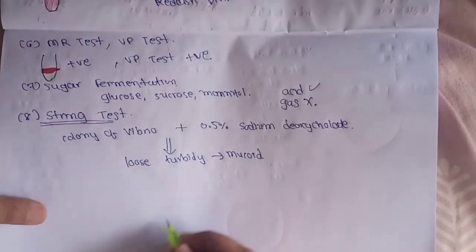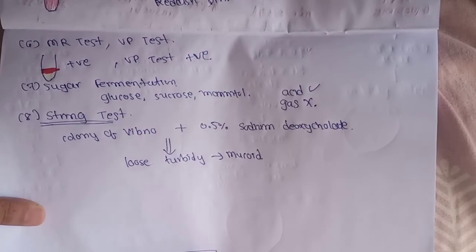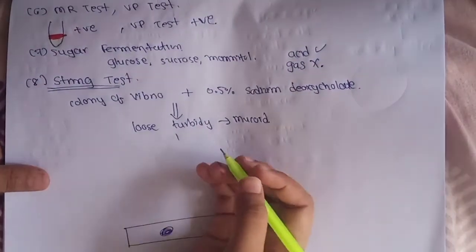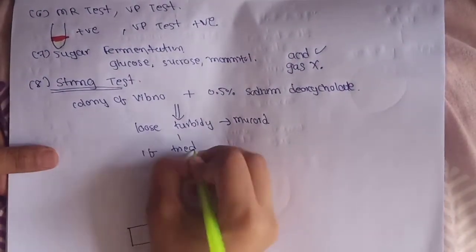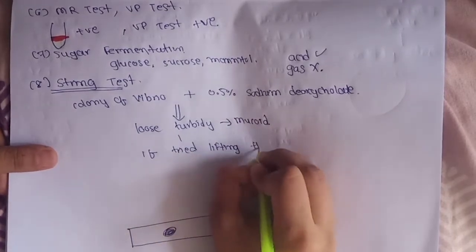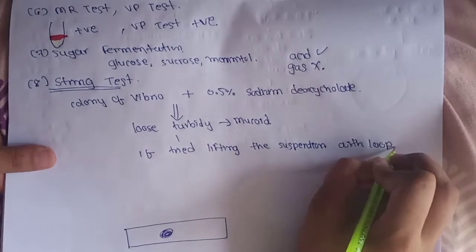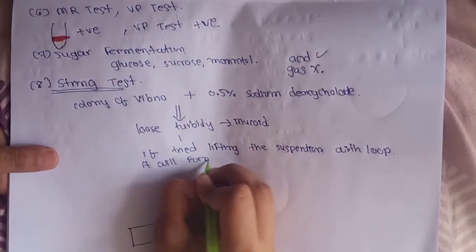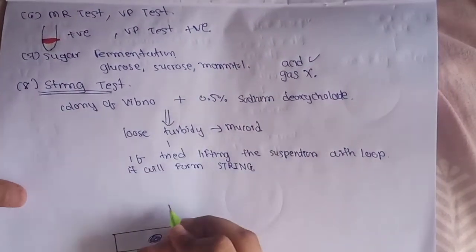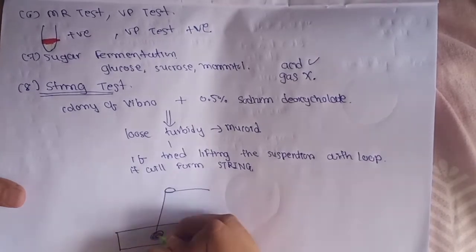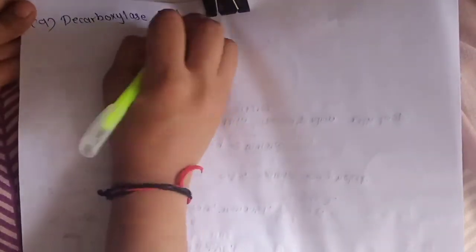Suppose this is the slide, and after adding sodium deoxycholate, colony will become mucoid. And if we try to lift this colony of Vibrio suspension with the loop, it will form the string. So here we are trying to lift it with the loop and it will form the string. So this is the string test, very important for Vibrio cholerae.